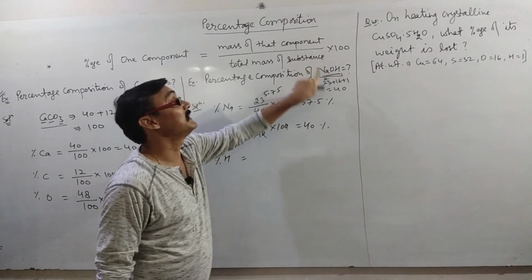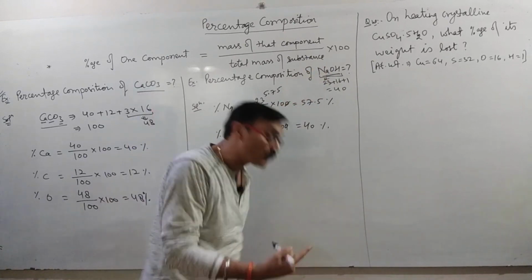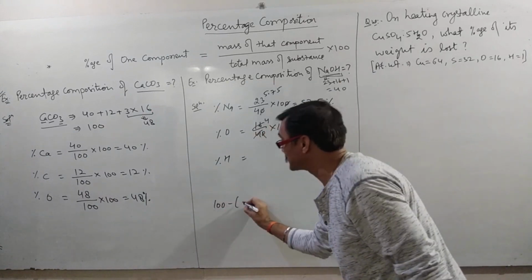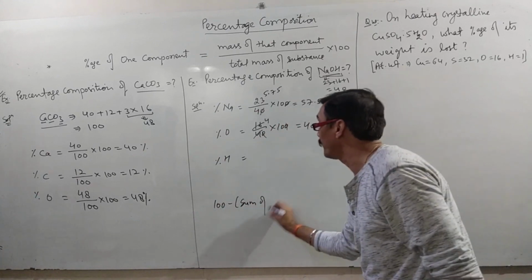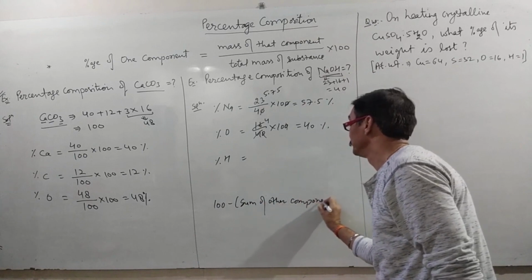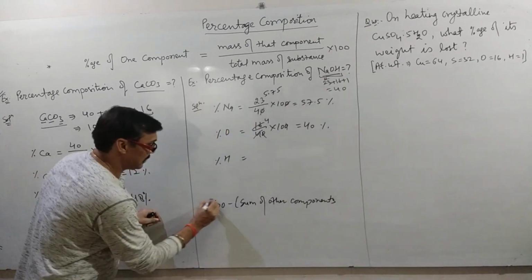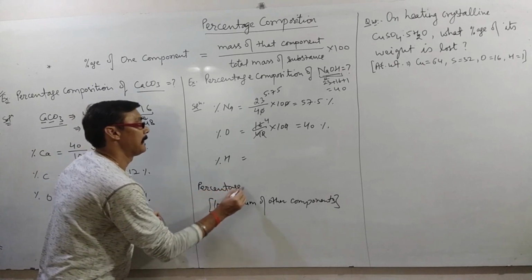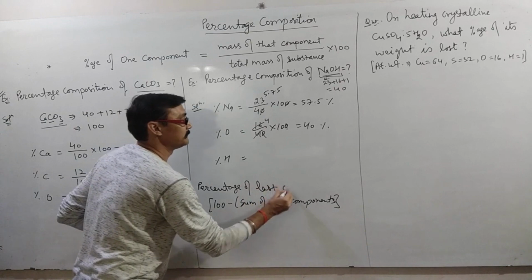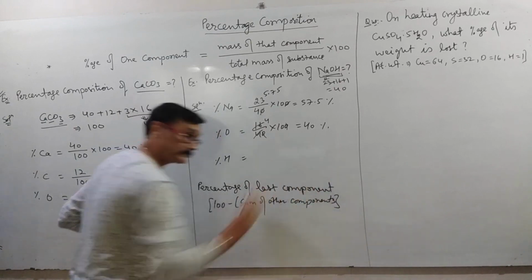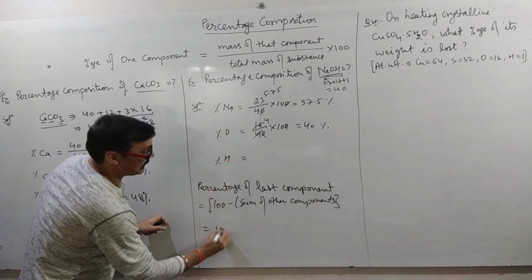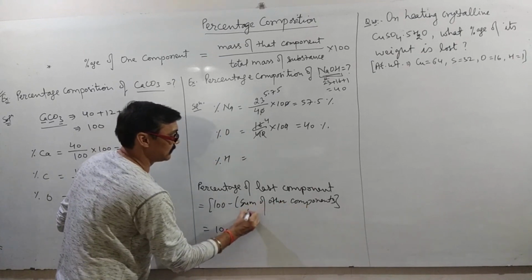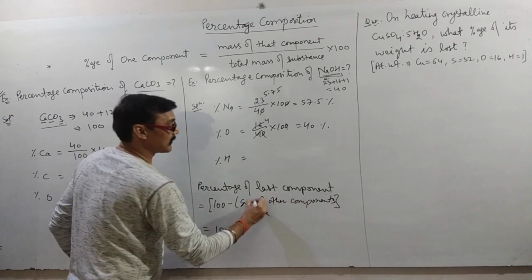If we have the percentage of 2 elements, then we can also find the percentage of the third by 100 minus the sum of the percentages of the other components.